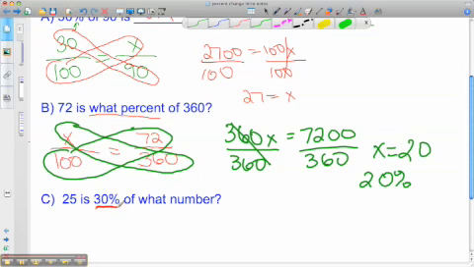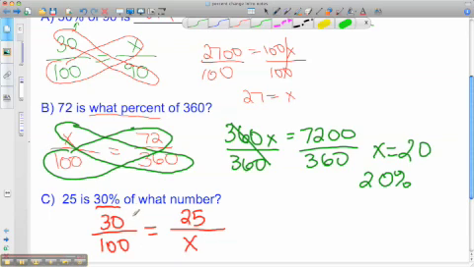So again, once I see that, percent always goes over 100. And then of what number? So 25 is a part of what whole? So now this time the x goes on the bottom for the whole.